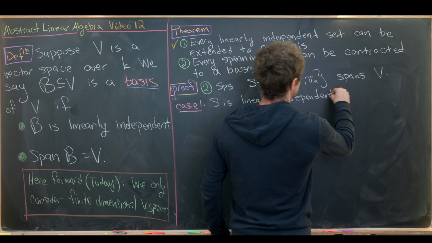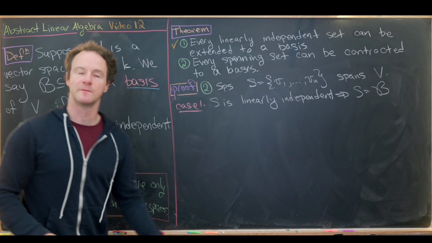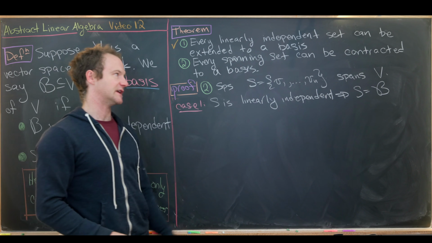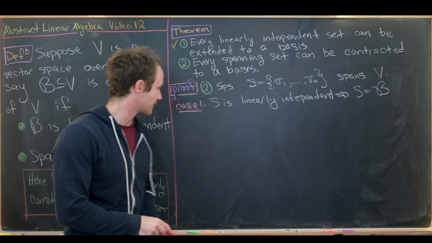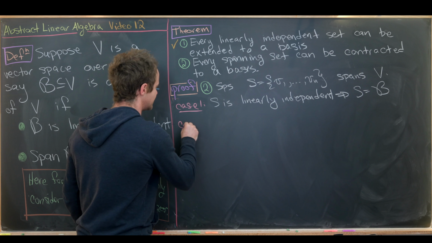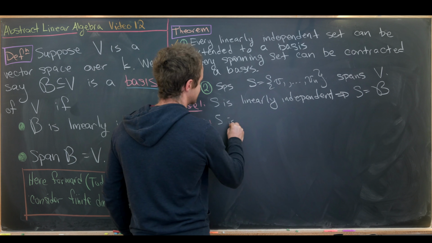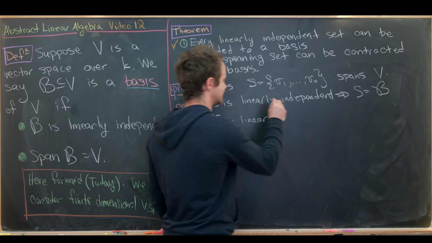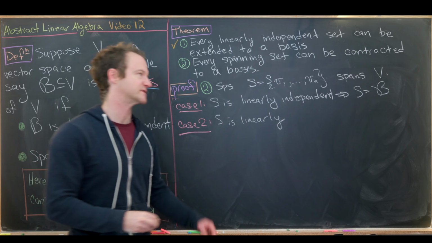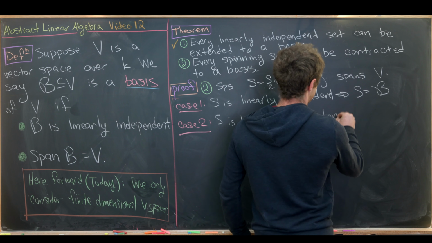But if it's linearly independent, then we can just set S equal to the basis itself, because we've got something that's linearly independent that spans, but that's exactly the definition of a basis. So that means we really just need to move on to this second case, which is S is not linearly independent. But remember, we said that something was not linearly independent if it was linearly dependent.